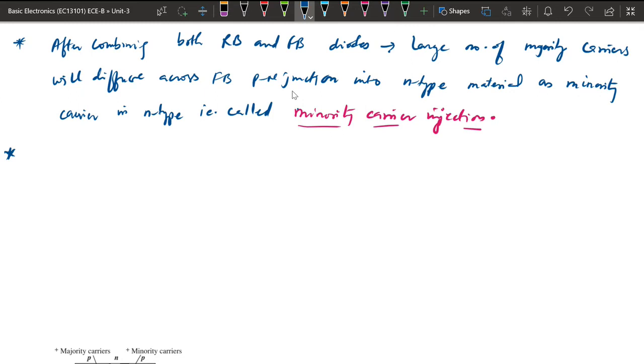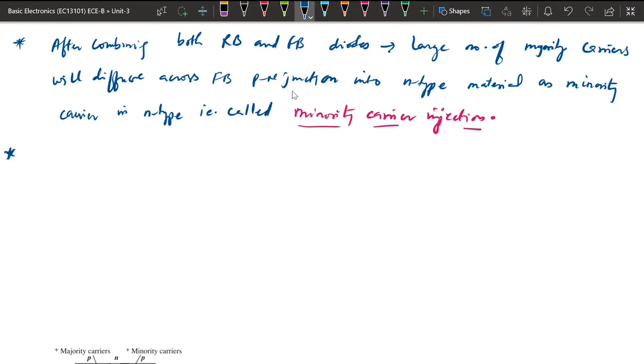So this diode action is divided into two different parts: one is diffusion of majority charge carriers, and the next one is majority charge carrier injection.